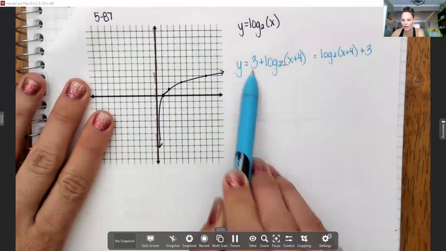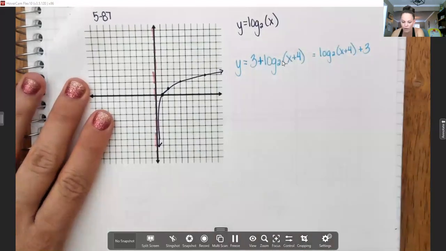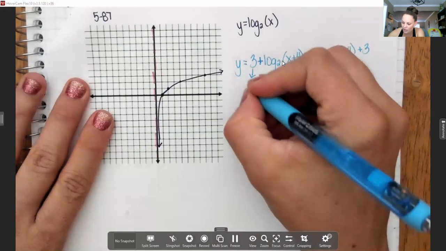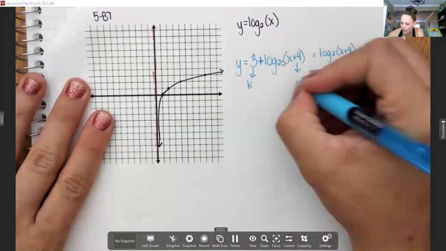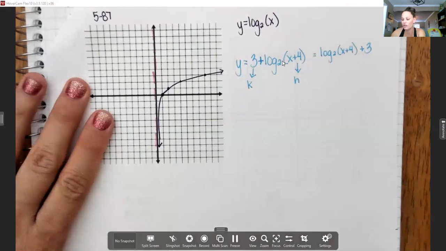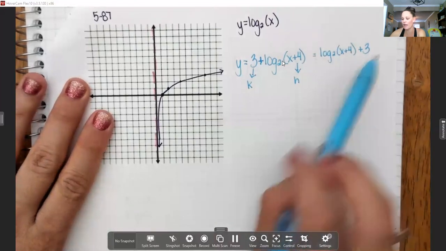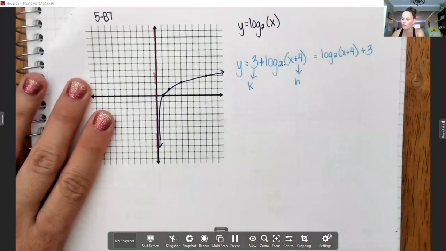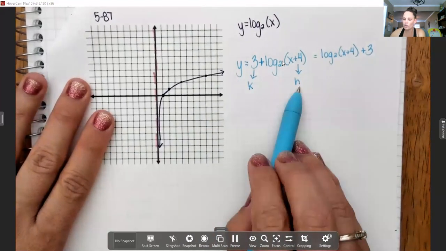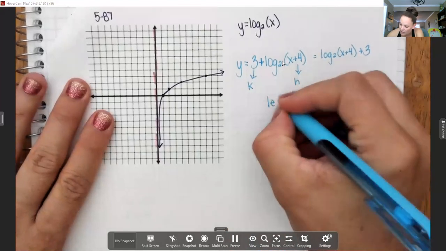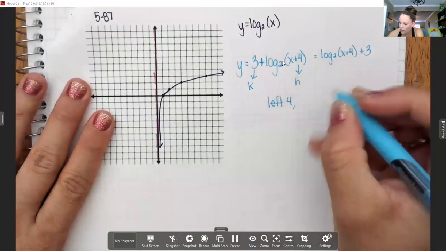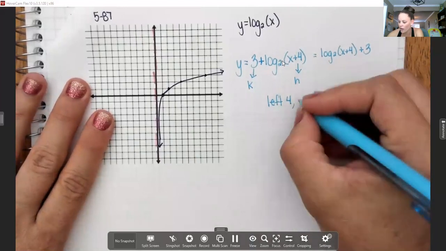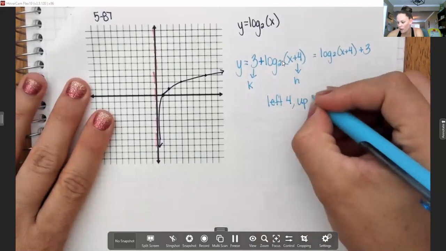This 3 is not an a because it has a plus sign right here. So in this problem, this is our k, and this is our h, which is easy to see when it's written this way, but again, this is how you may see it in some of your homework problems. So my h here is -4. So this means it goes left 4, and if k is 3, it goes up 3.